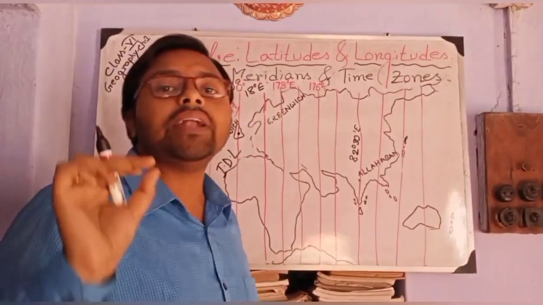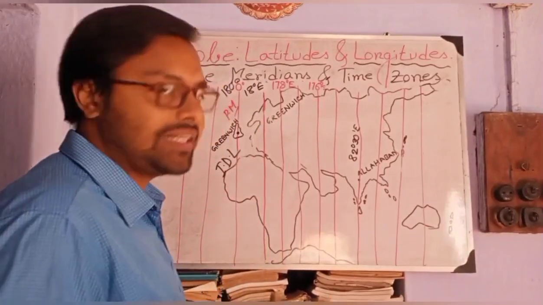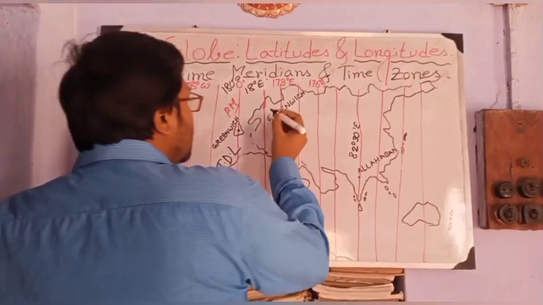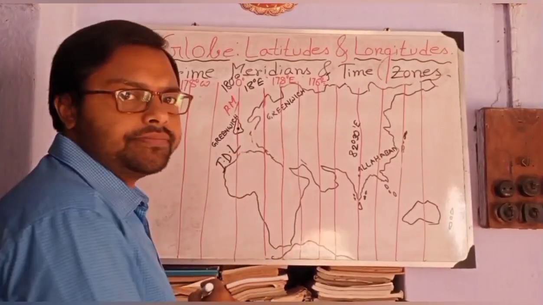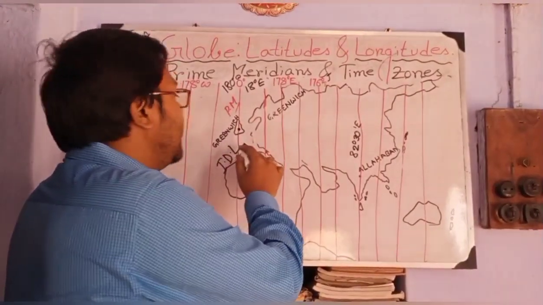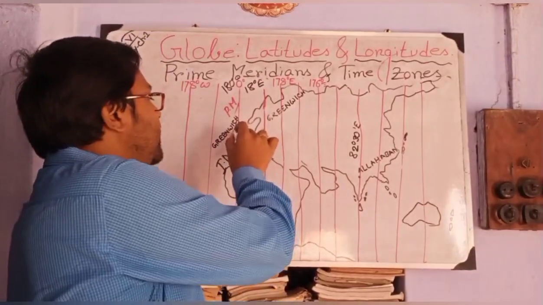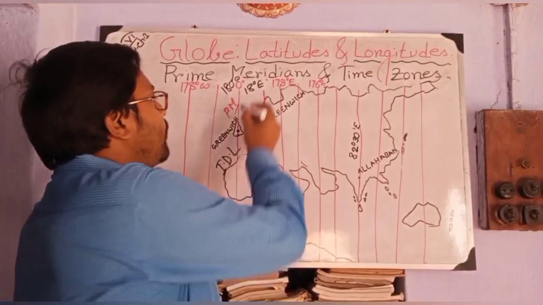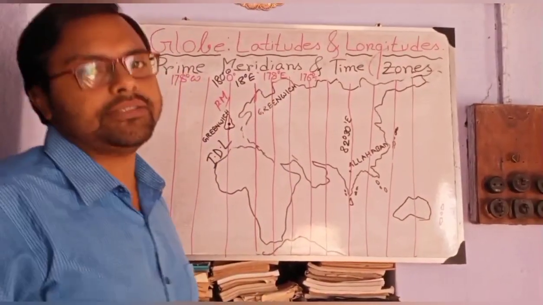Now how do we determine the time or date of a place? Now we will understand this. See, in London the Greenwich town is situated, in the Europe continent, in the UK part, in England, on which the 0 degree longitude passes.